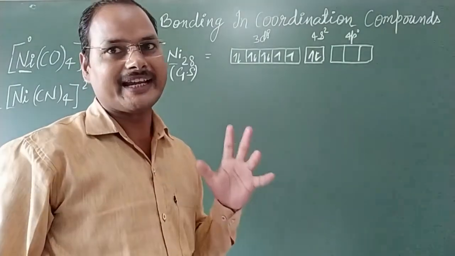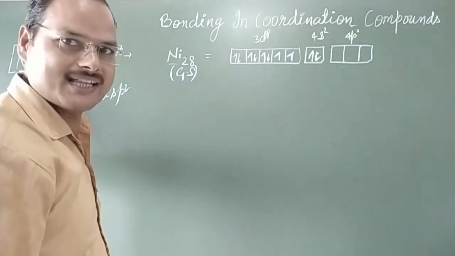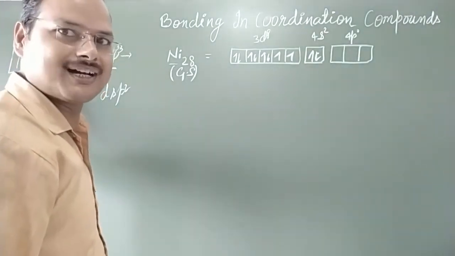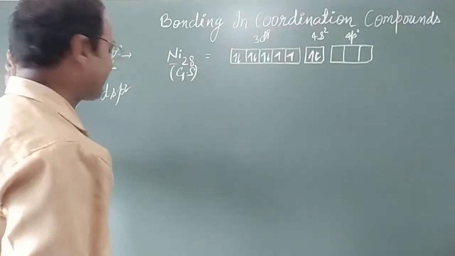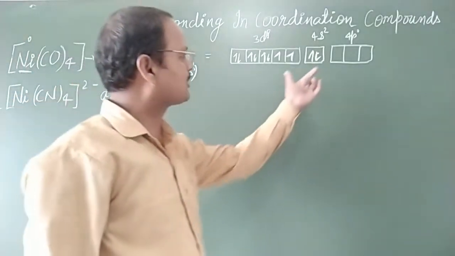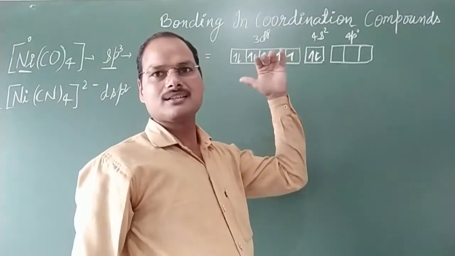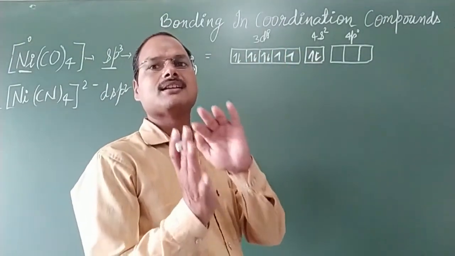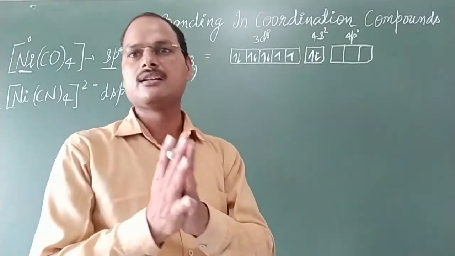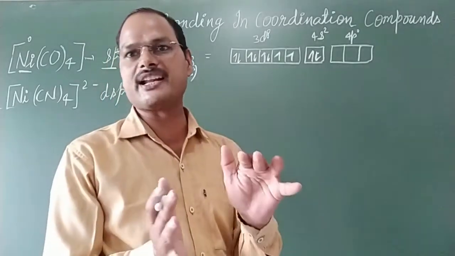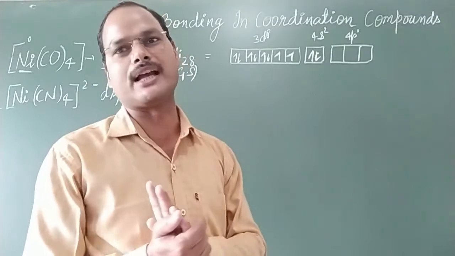It means in presence of carbonyl CO, which is a strong ligand, nickel's electrons pair up. Carbonyls have the effect to make the central metal atom's unpaired electrons become paired in presence of strong ligands like CN as well as carbonyl.